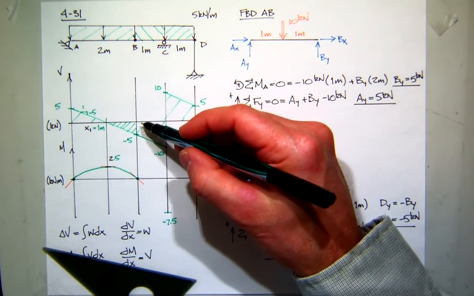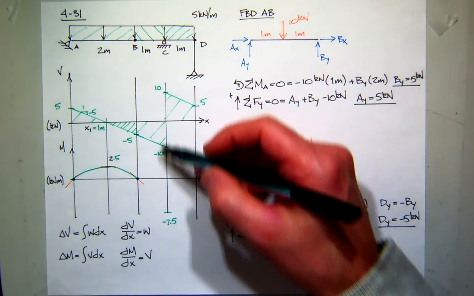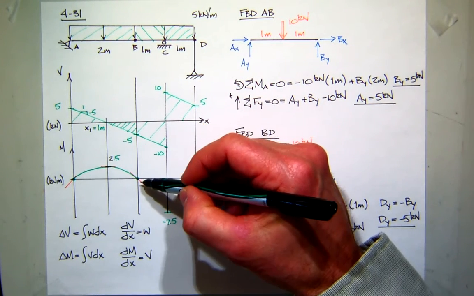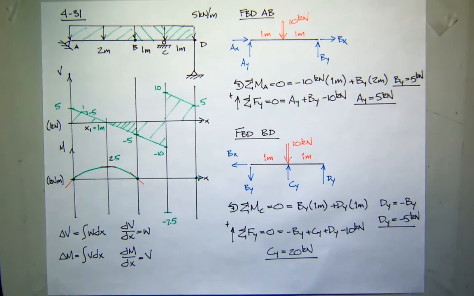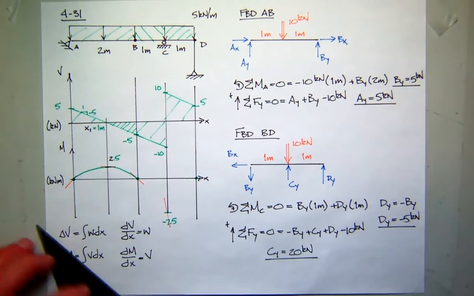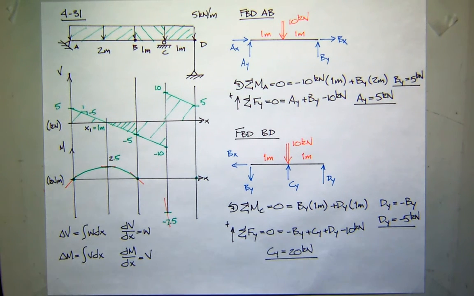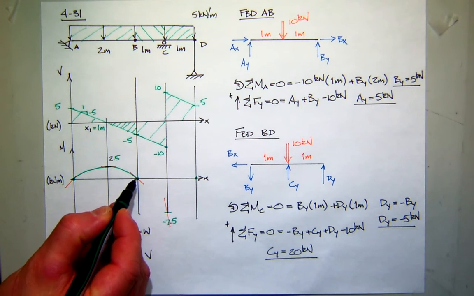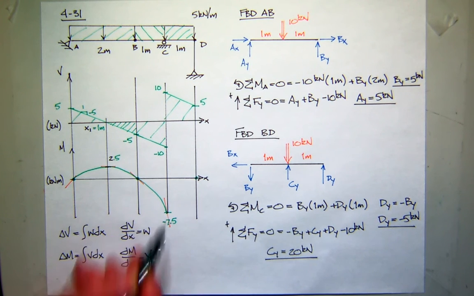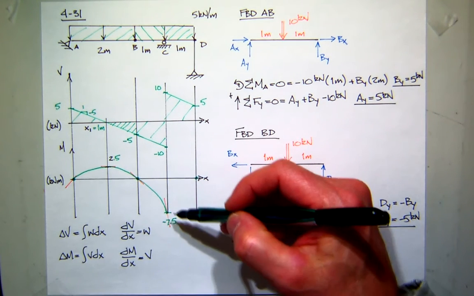And you'll notice that the slope of the moment diagram is given by the shear. The shear starts off with a slope of 5 and gets steeper, actually ends up at a slope of negative 10. So my graph would look, again, it's hard for me to draw to scale, something like that. It doesn't have that little kink in there, but you get the idea.